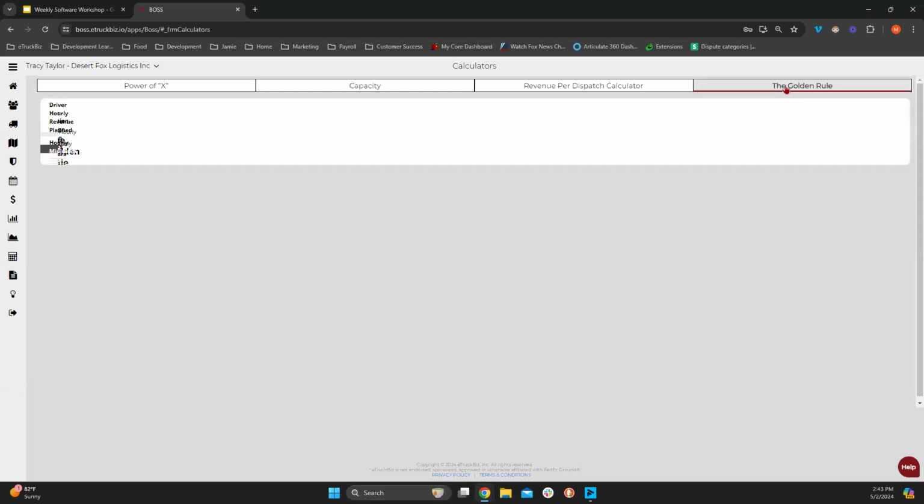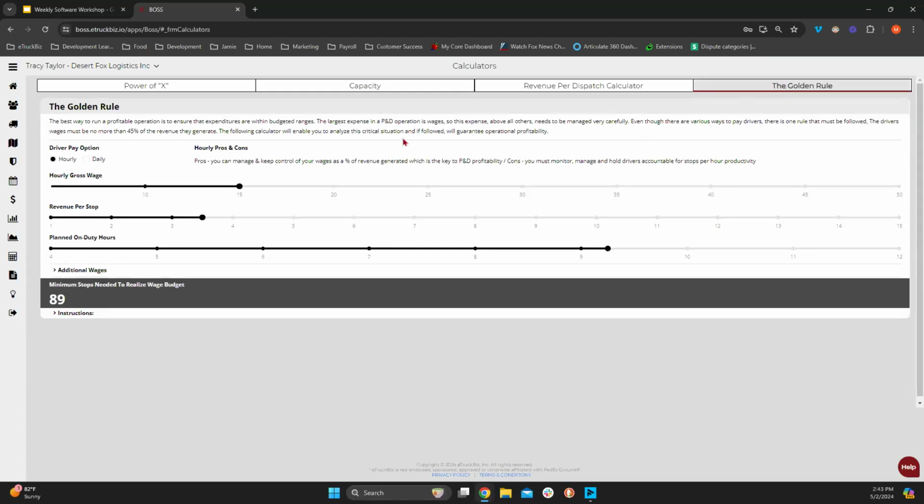Okay. The golden rule. The golden rule is the idea that the best way to run a profitable operation is to ensure that expenditures are within the budgeted ranges. Your largest expense, and the one FedEx knows you have, is wages.